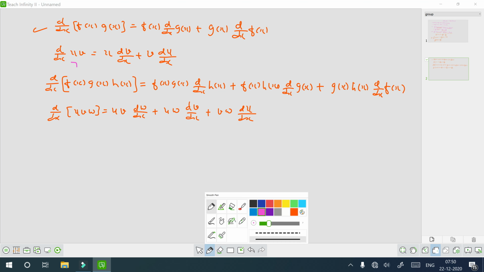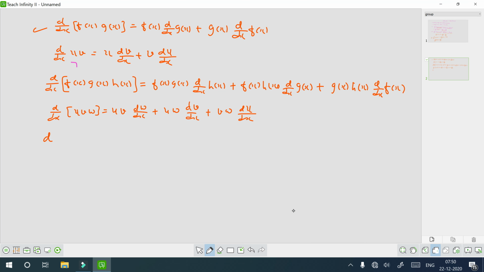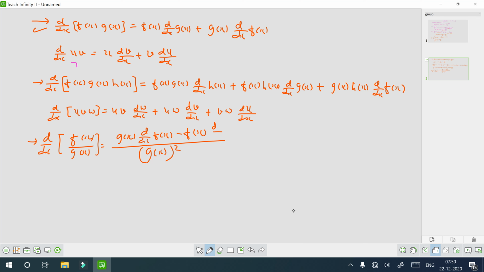Next working rule, that is also important working rule. d by dx of fx over gx, division rule, that is equal to gx whole square, gx as it is, derivative of fx minus fx as it is, derivative of gx.